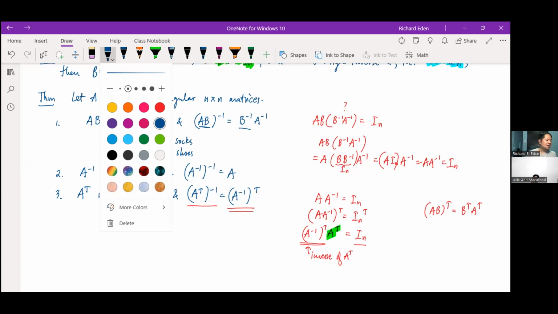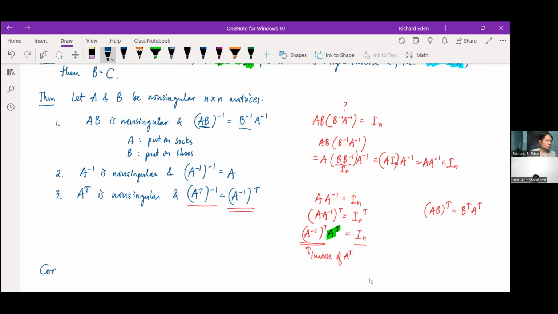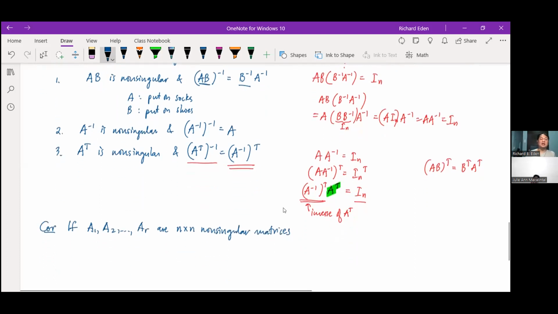Okay, and then a corollary. If A1, A2, all the way to A sub R are n by n non-singular matrices, so this time we're looking at multiplying not just two non-singular matrices of the same size but multiple, say R of them, then the product A1, A2, dot, dot, dot, A sub R is also a non-singular matrix.